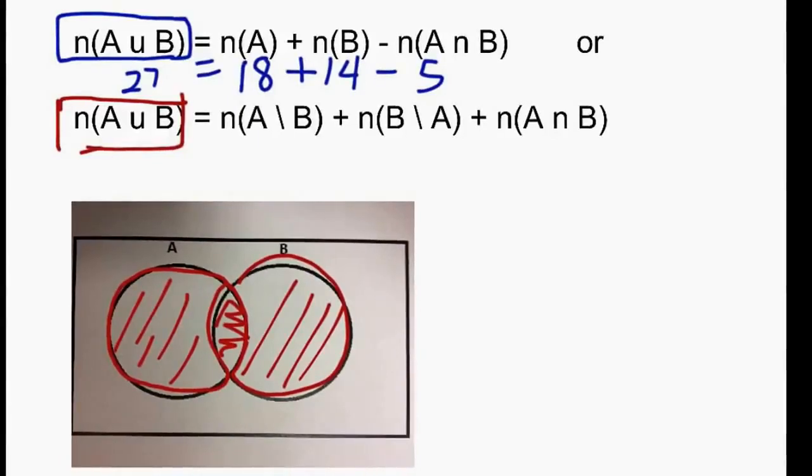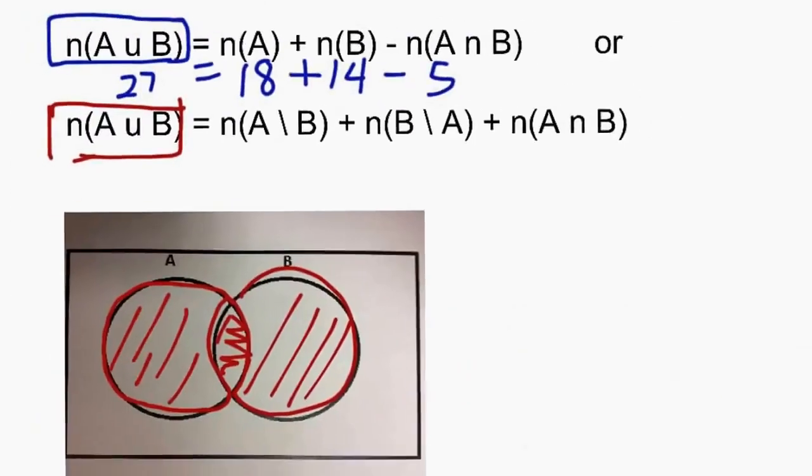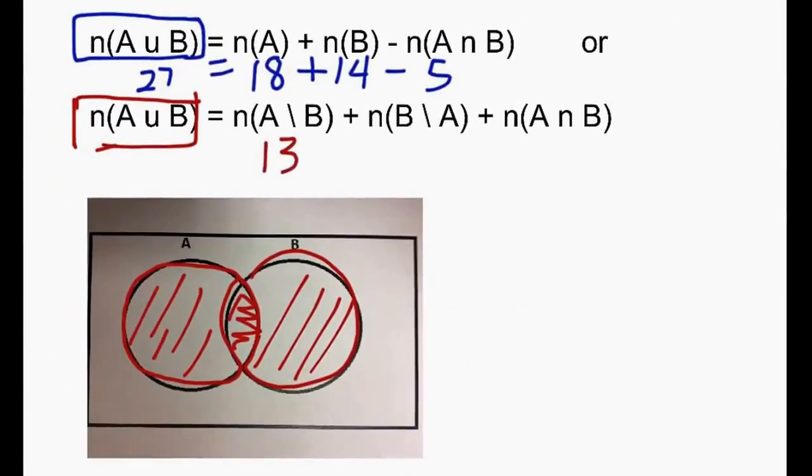Okay, and that's what we did on the last question too. That was the first way we did it. We went 13 plus 5 plus 9. So I'll write that in there again. 13 plus 9, and then the overlap was 5, and that gave us 27 as well.